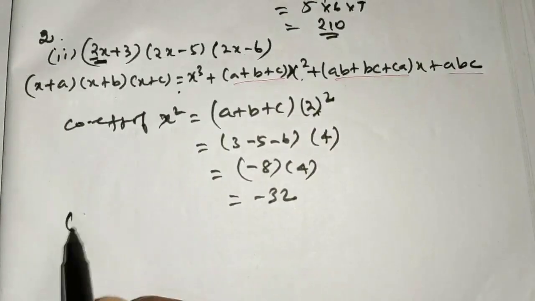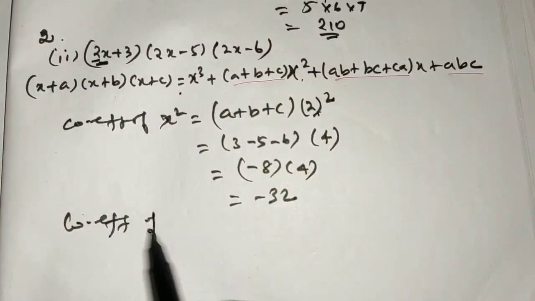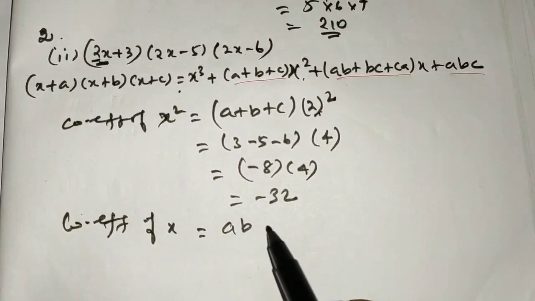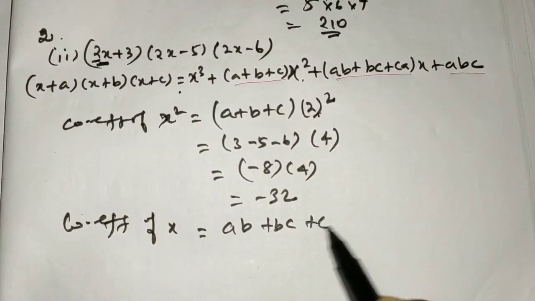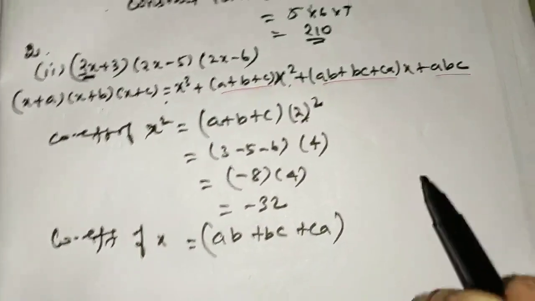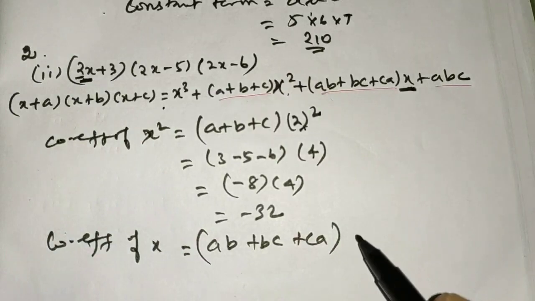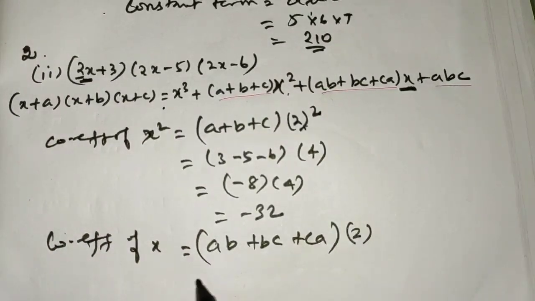Then the coefficient of x. The coefficient of x is obtained by adding a into b, b into c, c into a. Then instead of x we have 2x, so we have to multiply by 2 also.